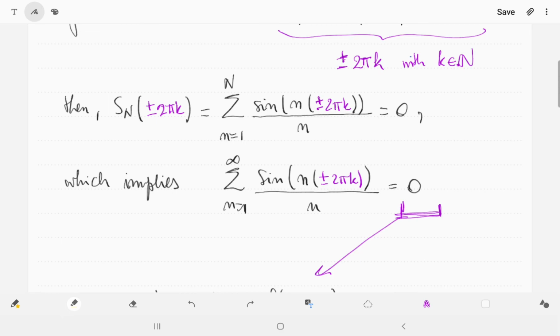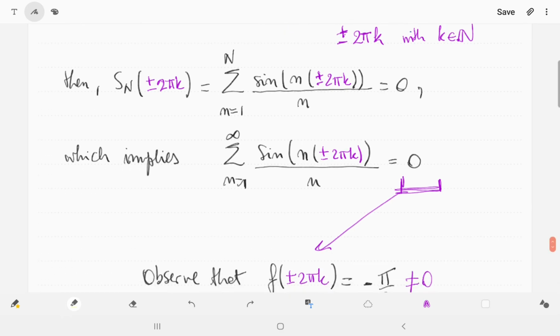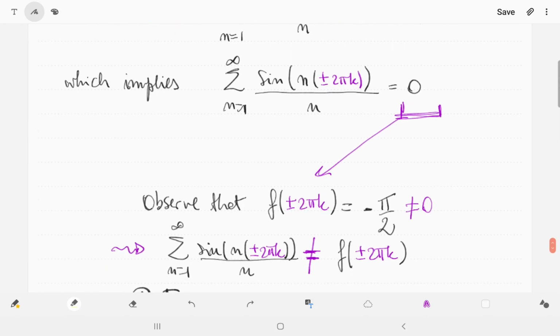We can check now, but it was something like minus 1 and 1, maybe with a constant. So observe that f in these points is not 0, it's minus π/2.